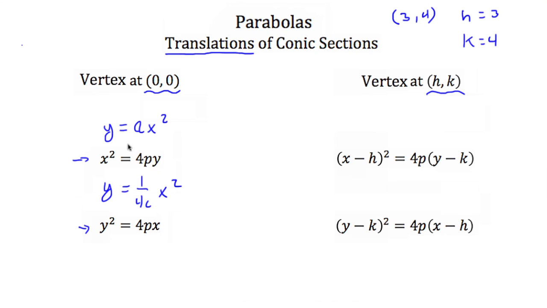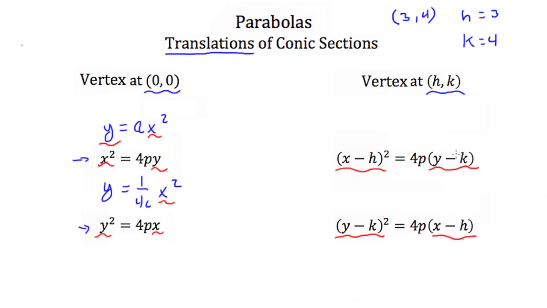It doesn't matter. When your parabola is translated to the point (h, k), all you do is take every occurrence of y and replace it with y minus k. Everywhere you have an x, you replace it with x minus h.